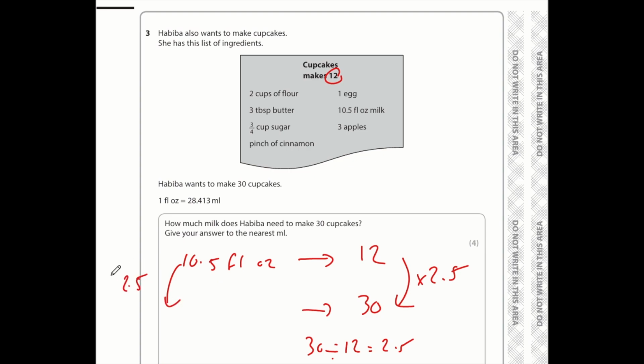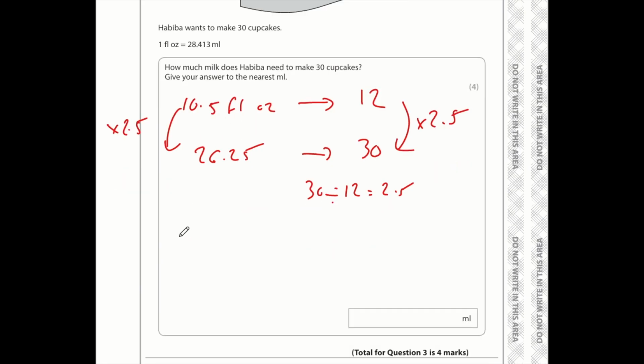So therefore we need 2.5 times more milk, and 10.5 multiplied by 2.5 is 26.25. So it's 26.25 fluid ounces, and we want it to the nearest milliliter.